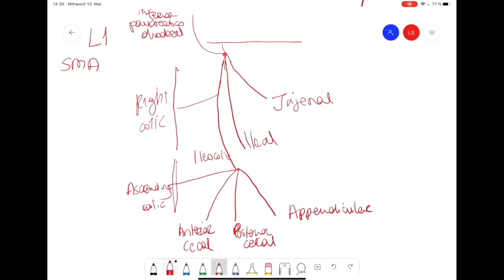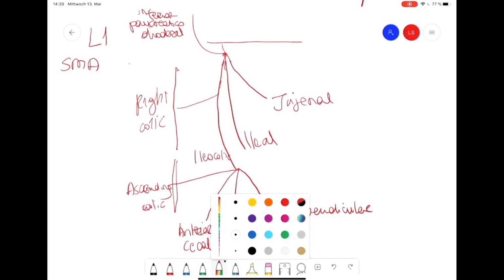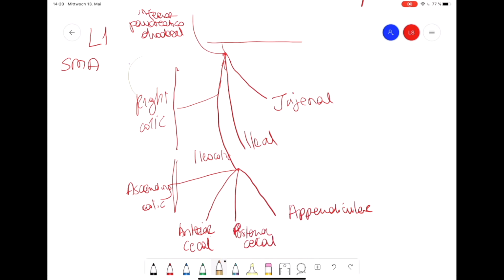So I will change color and I will show you how it would look. Sorry, not with the rectum, with the colon. So it would look like this, and that's their blood supply.